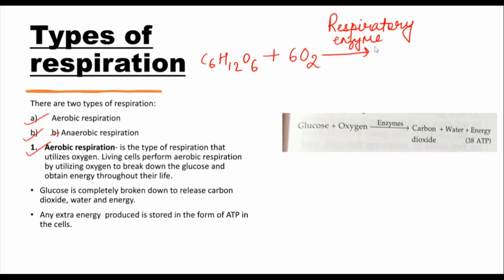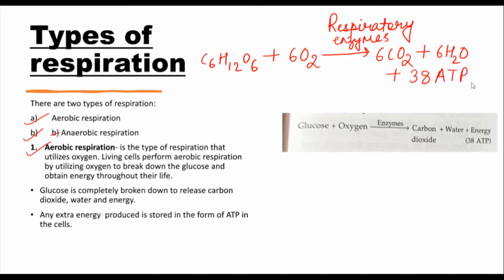So in presence of certain respiratory enzymes, this glucose will undergo oxidation by the action of oxygen gas, and the products that will be produced here are 6 molecules of carbon dioxide, 6 molecules of water, and 38 ATP of energy, that is 38 adenosine triphosphate of energy.